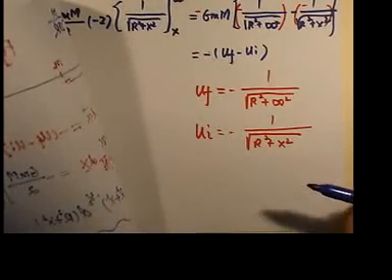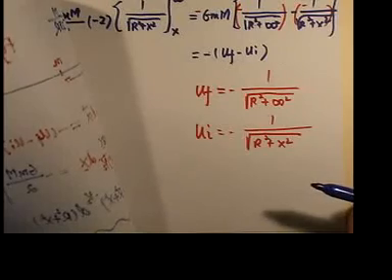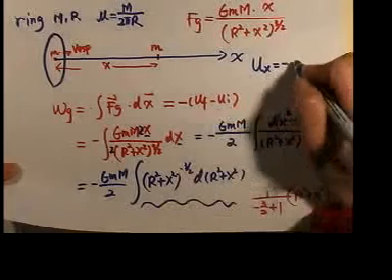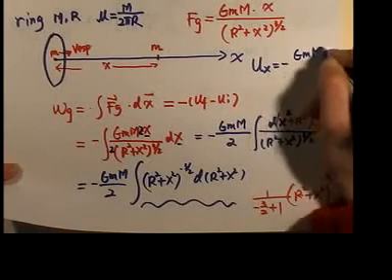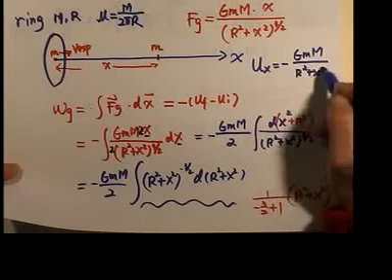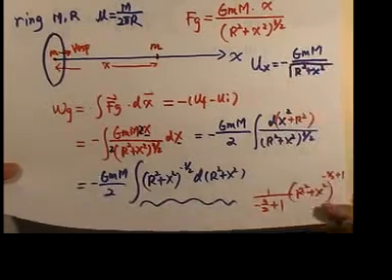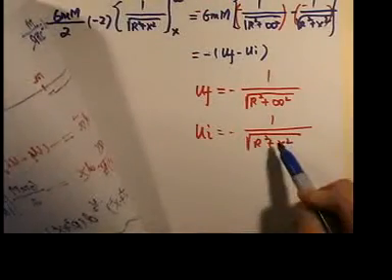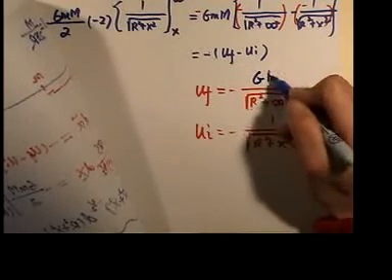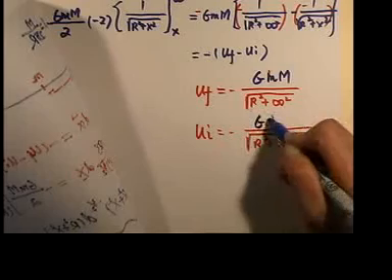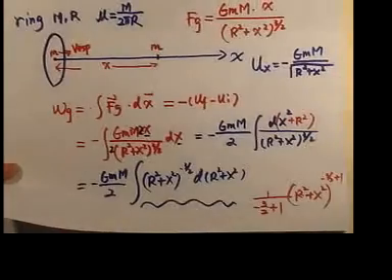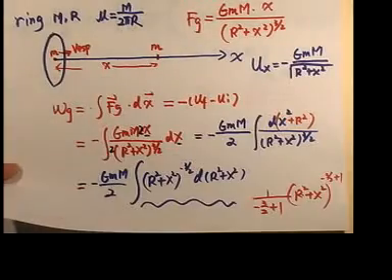Let's not forget about our constant here, G m M. So it's negative G m M over the square root of r squared plus x squared. That is the expression, and I should add this constant here, G m M. So that is the potential energy.